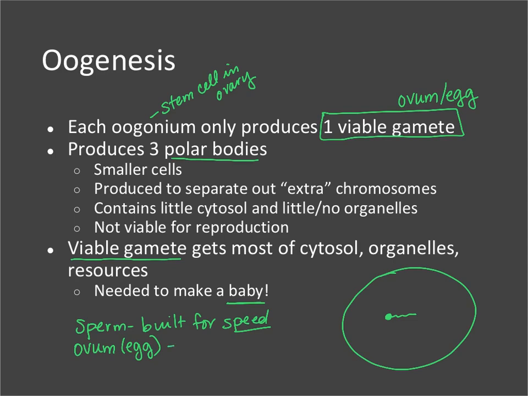So it's responsible for all the mitosis that is associated with embryonic development. So the ovum has to have those resources, including energy and proteins and enzymes, et cetera, in order to go through mitosis to ultimately form a baby.